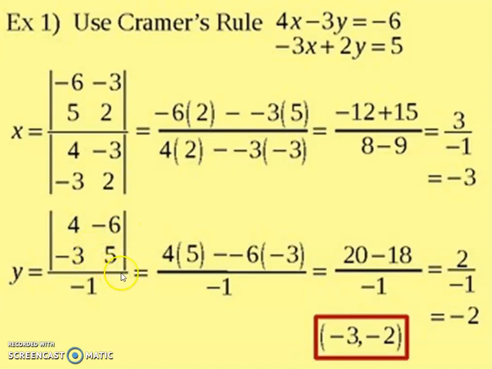So 4 into 5 minus minus 6 into minus 3, upon minus 1. Minus 6 into minus 3 is plus 18, but with the minus sign there, 20 minus 18 upon minus 1. So 20 minus 18 is 2, and 2 upon minus 1 is minus 2. So we derive the x and y values as minus 3 and minus 2.